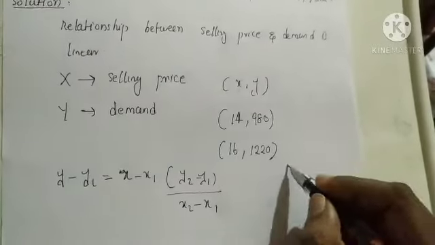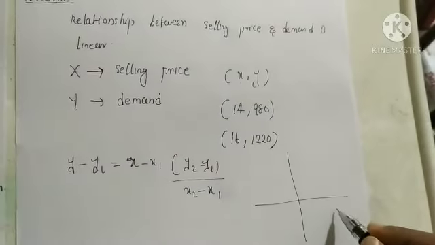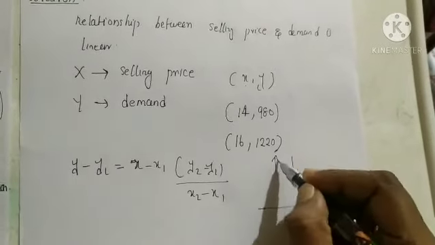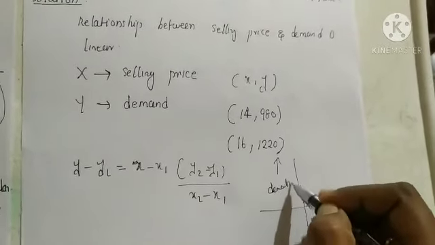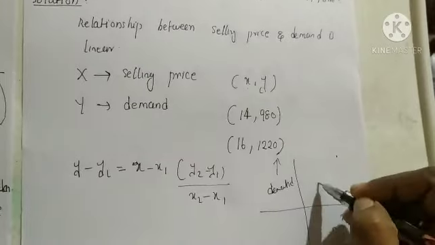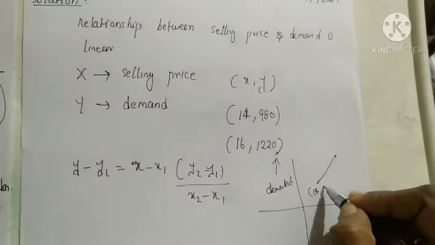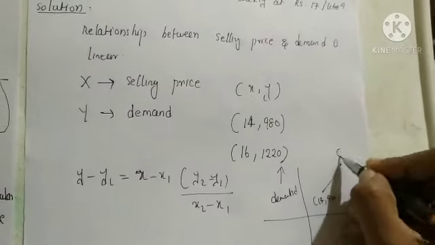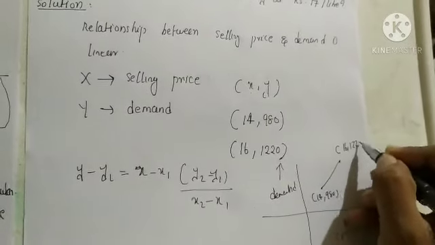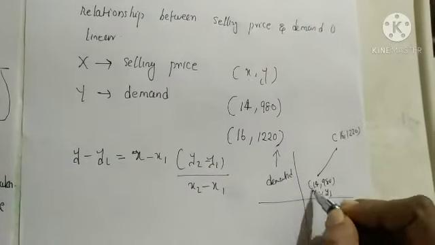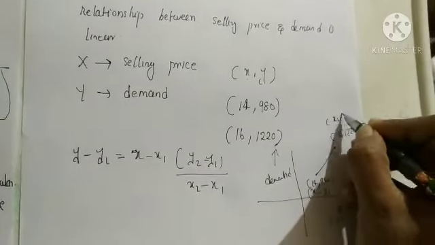So here, in the x-axis it is selling price and in the y-axis it is demand, and we have 2 points. The first point is 14, 980 and the second point is 16, 1220. So take this point as x1, y1 and this point as x2, y2.